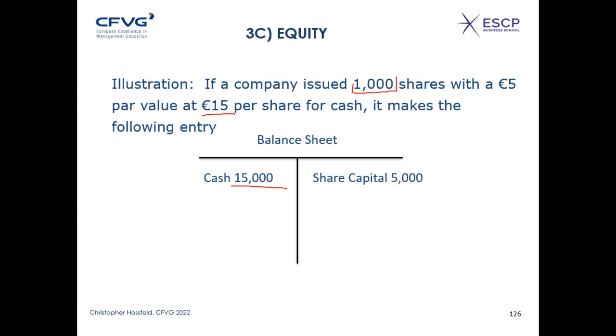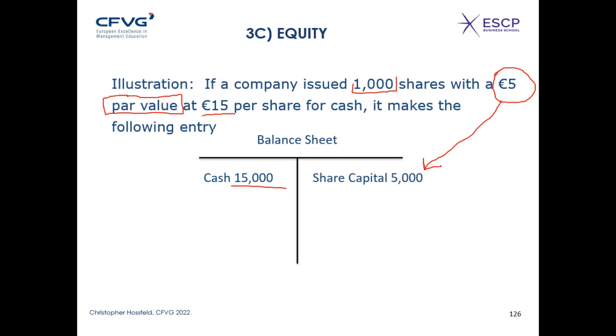In the first line of the equity section, I will account for only the par value of the shares. And since I have 1,000 shares with a par value of 5 euros, that means my share capital line increases by 5,000. But since shareholders pay me 15, I need to account for the remaining 10,000.